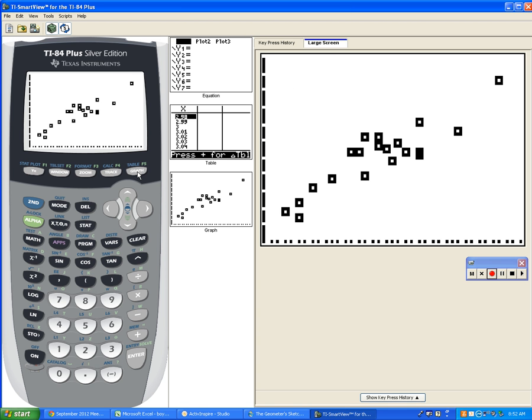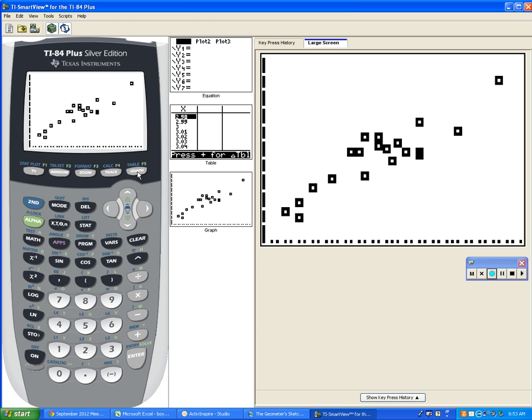Okay, so we're going to model this data with a particular type of function, and all of our choices are on page 138. So we have linear functions, where the data looks like a straight line. We have quadratic functions, which are parabolic. Cubic, which goes up and then down and then back up again.